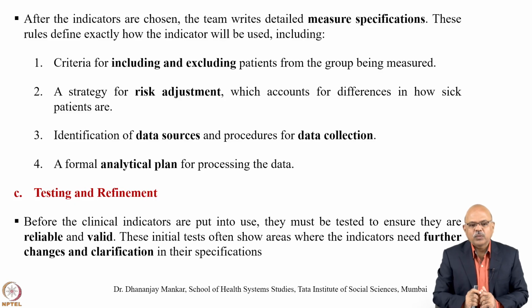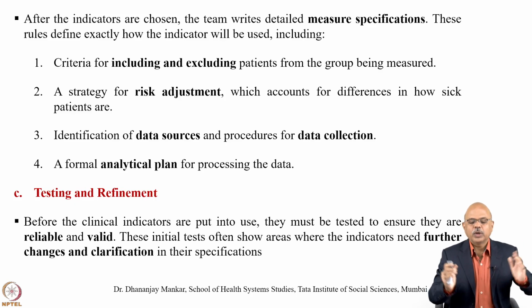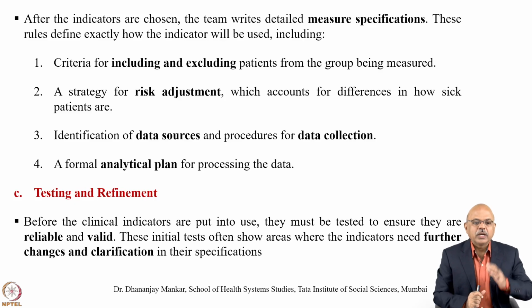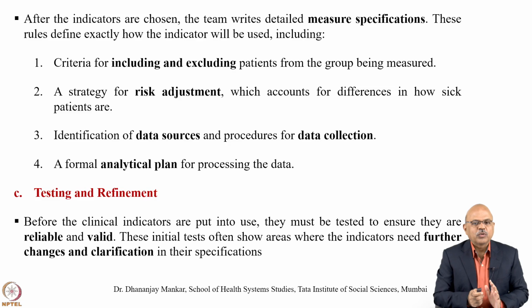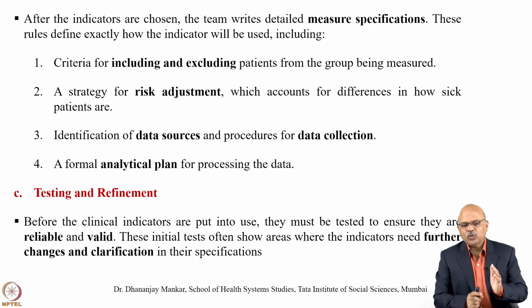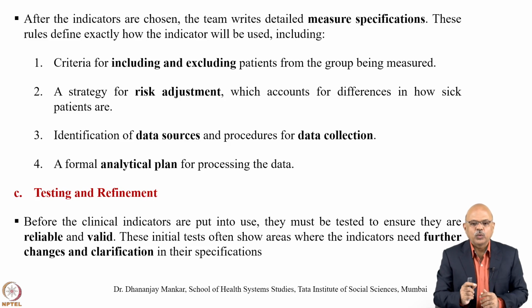The third part would be testing and refinement. Before the clinical indicators are put into use or put into practice, they need to be tested, because it cannot just work on the planning phase or the development phase that you have set, where the team has met and completed the plan. Before the indicators are set up to be used, they must be tested.